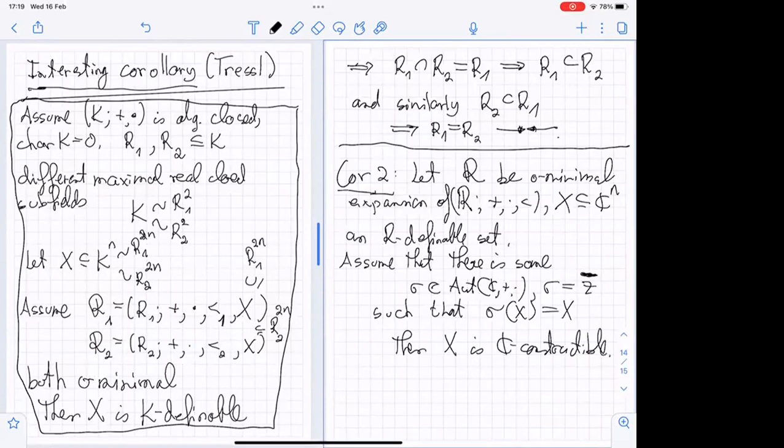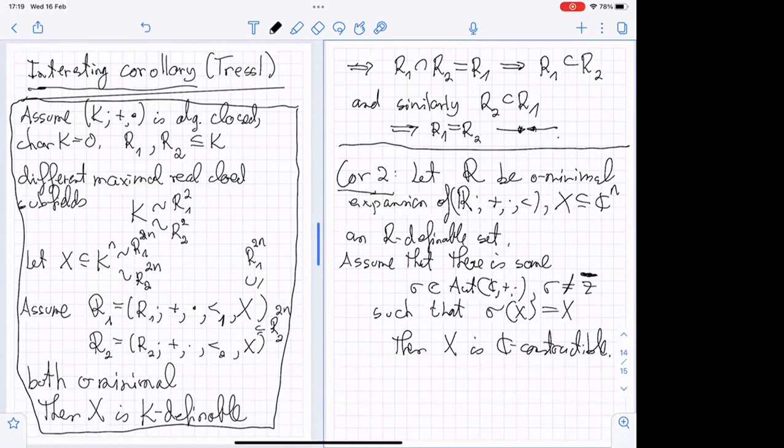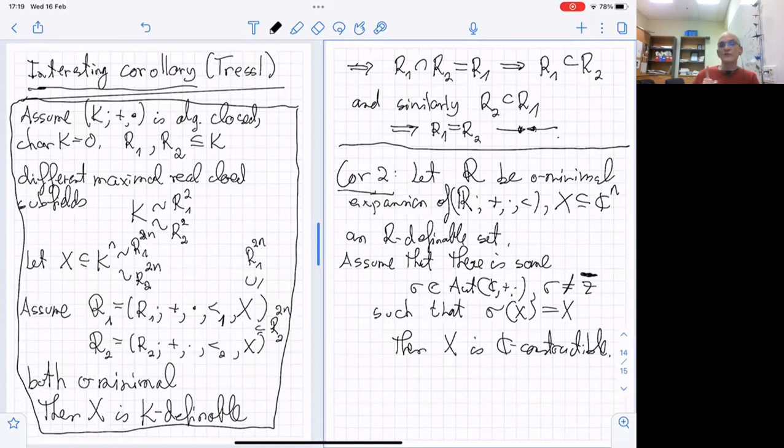Yes, sorry, Kobi. You wrote sigma equals Z bar. That's different. So thank you. Okay, now let's not get confused. Of course, it's not true that any set which is invariant even under all automorphisms is constructible.